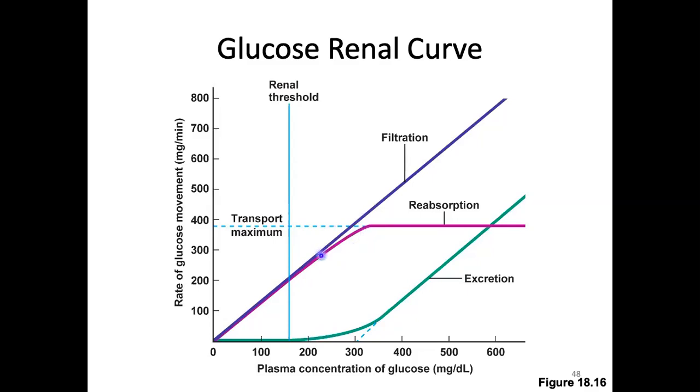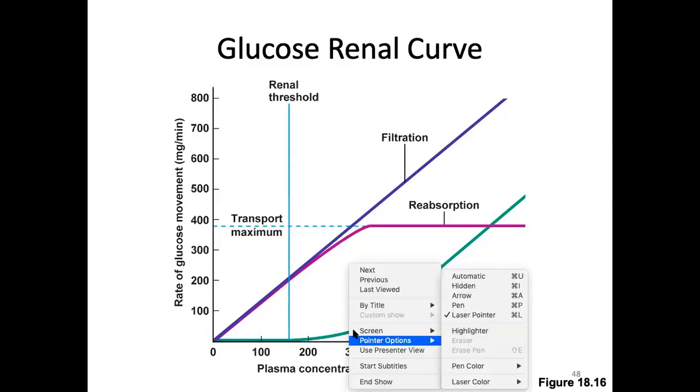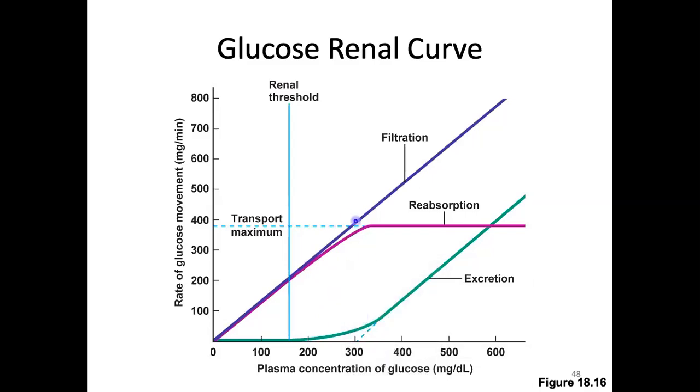So around 180 is your renal threshold. That's when you start to decrease reabsorption and start to kick out glucose in the urine. Notice that if somebody has a blood glucose level of 300, which is not normal, they have plateaued in reabsorption and they're now peeing out whatever glucose is extra.